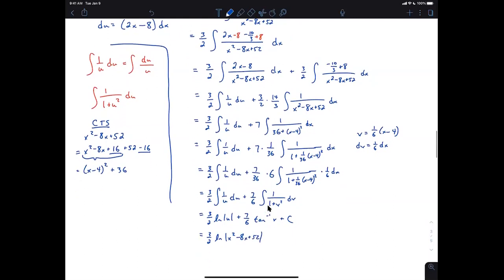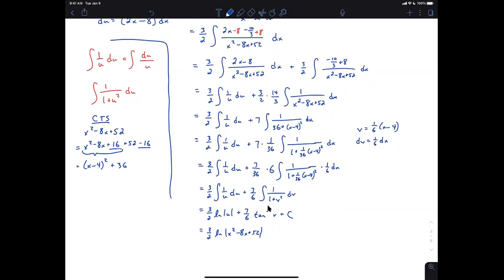And then, I've got to scroll up. And then 7/6 inverse tangent of v, but v was (x minus 4)/6, or 1/6 times (x minus 4), plus c, and this is the answer to that problem.